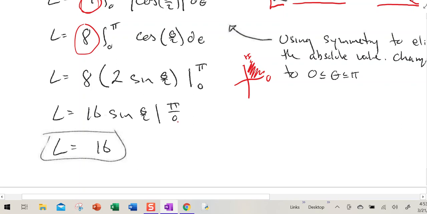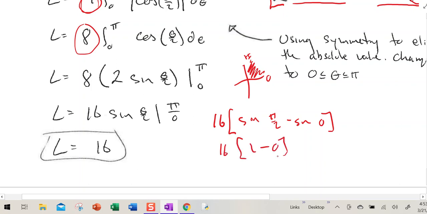And so we have 16 times the sine of pi divided by 2 minus the sine of 0 divided by 2, which is 0. The sine of pi over 2 is 1, and the sine of 0 is 0. So we have 16 times 1 minus 0, which is 16. And that would be the arc length.